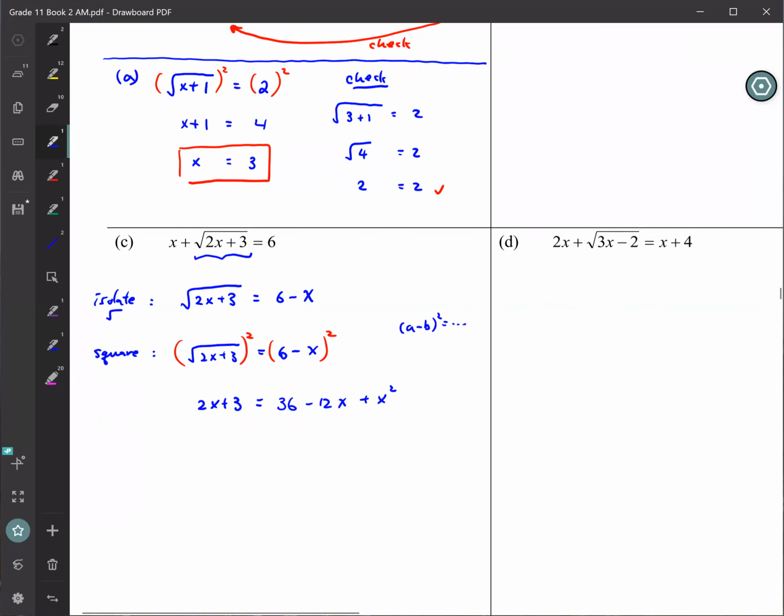So move everything to the same side. I'm going to move everything to the right side, but then I write it on the left. I keep the x squared positive. So it'll be x squared, I'll move the 2x over, so minus 14x, and then plus 33, equals to 0.